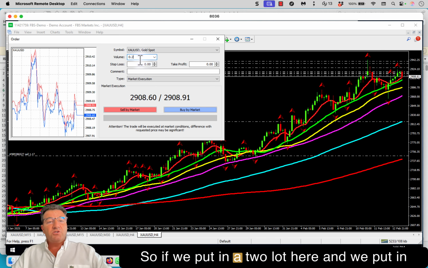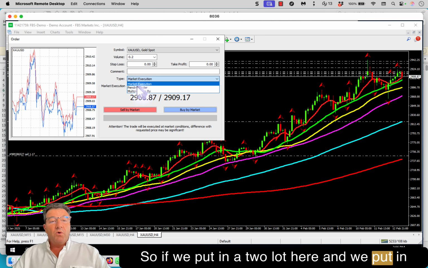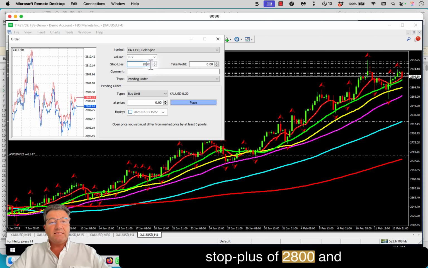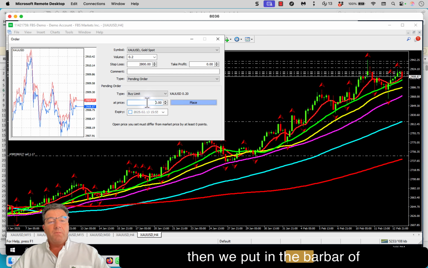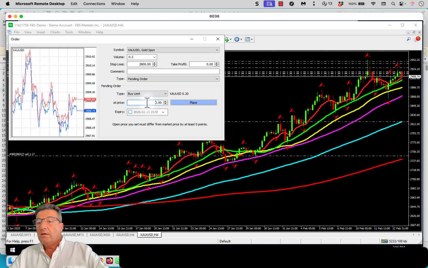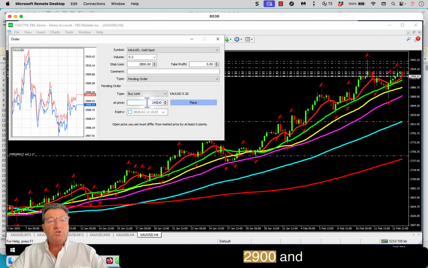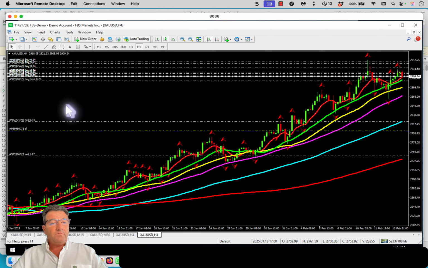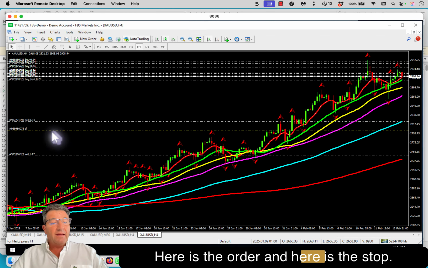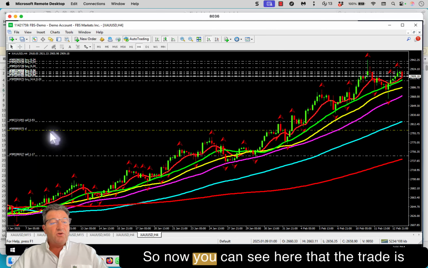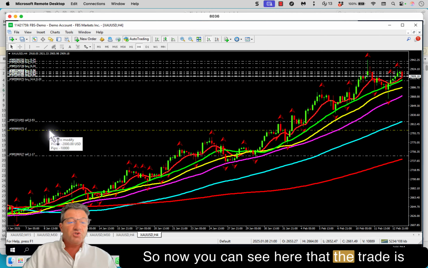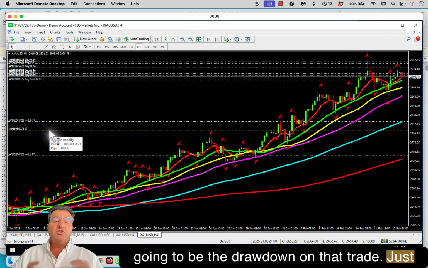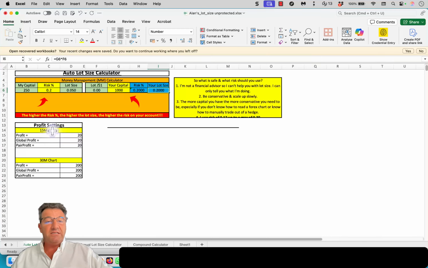If we put in a 2 lot here, and we put in the pending order, the stop loss of 2,800, and then the buy price of 2,900, and we place the trade. Here is the order, and here is the stop loss. So now you can see that the drawdown on that trade, just that trade, is going to be $20.